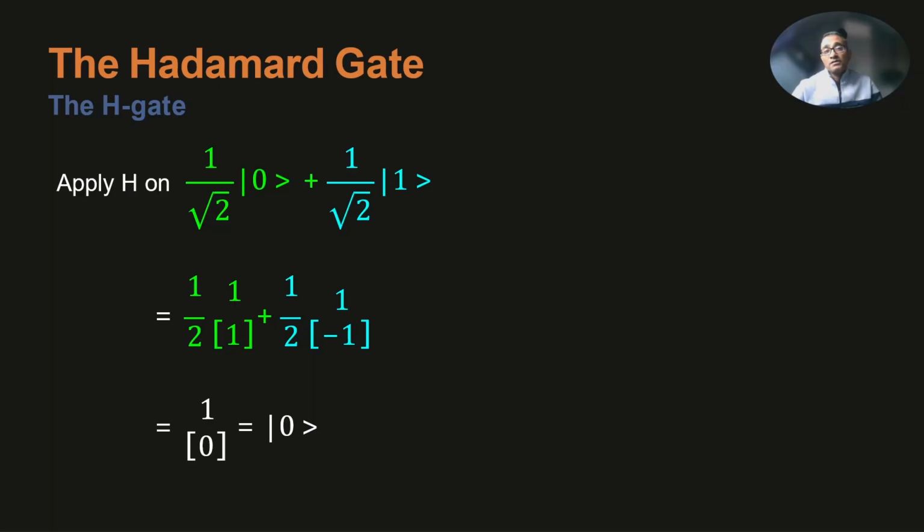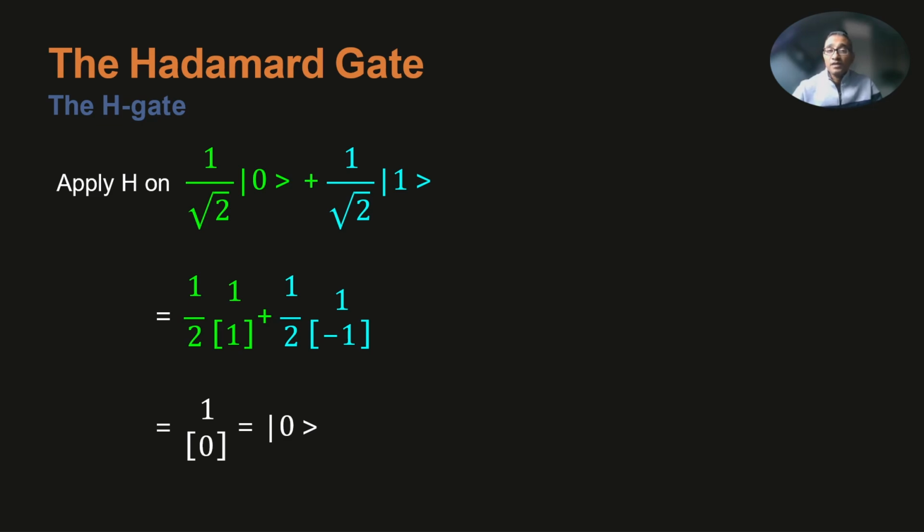However, if you see very closely, we can also apply Hadamard to the composite state as we have found in the output in the last two scenarios. And once we do that, if you look at this carefully, we can go back to the original state from where we started.